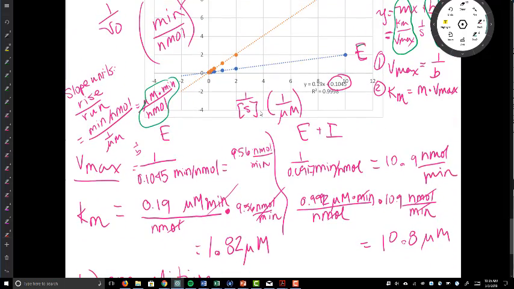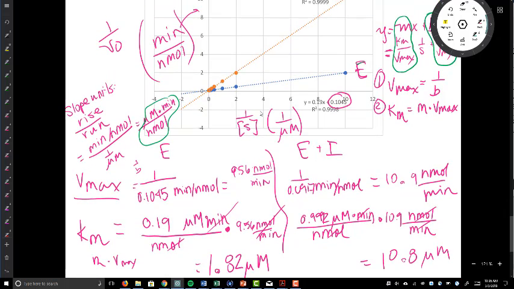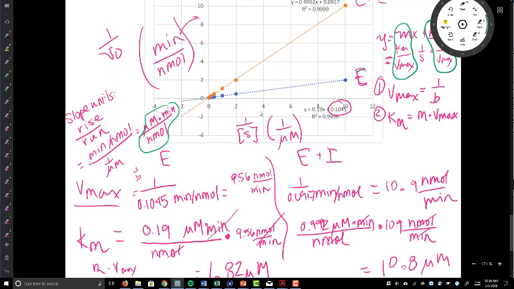Our Km is equal to the slope times the Vmax. For the enzyme alone, our slope is 0.19, and the units for our slope we worked out were micromolar times minutes over nanomoles.